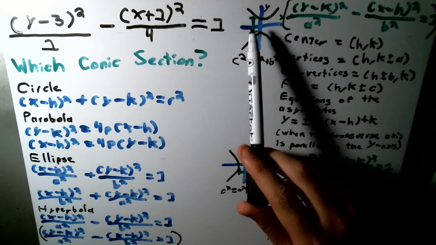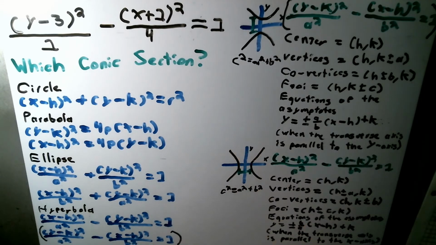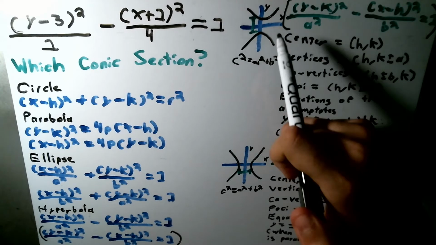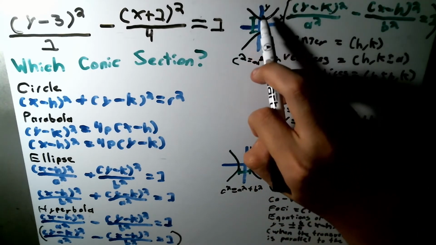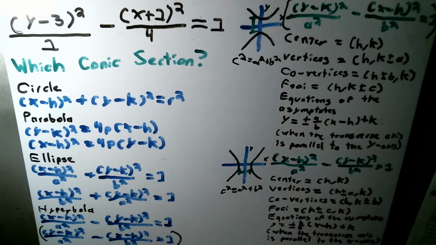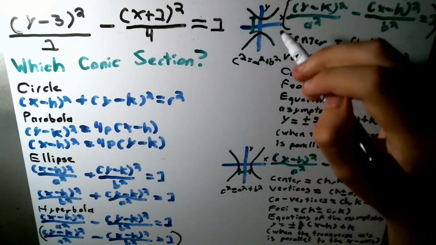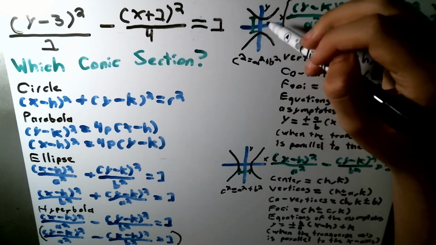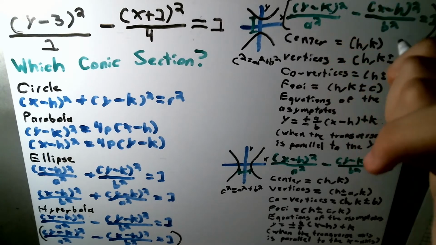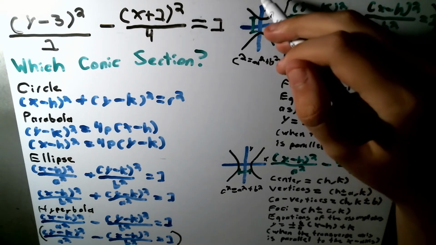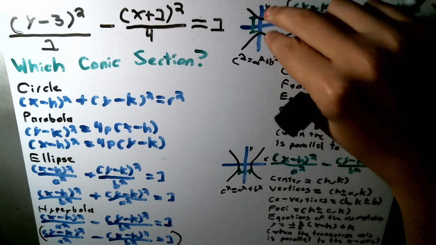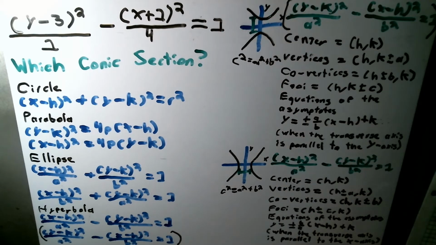The green line here is just for reference for the distance. The transverse axis is the one connecting the vertices, the one that touches both vertices of the hyperbola.